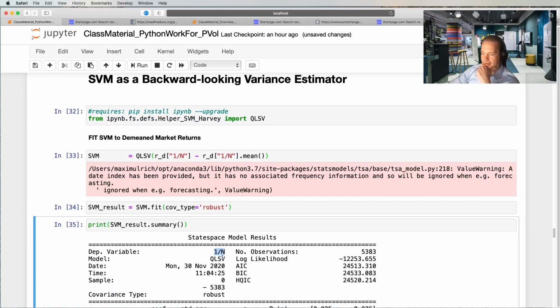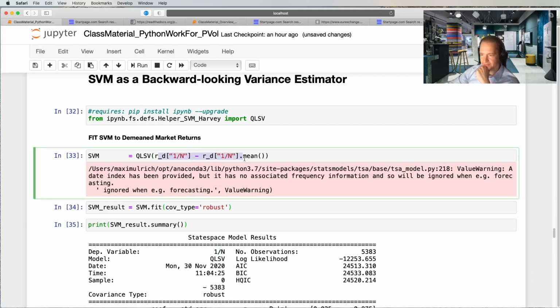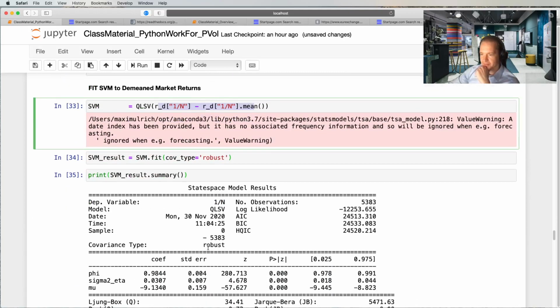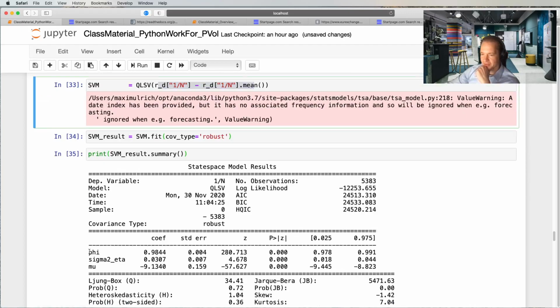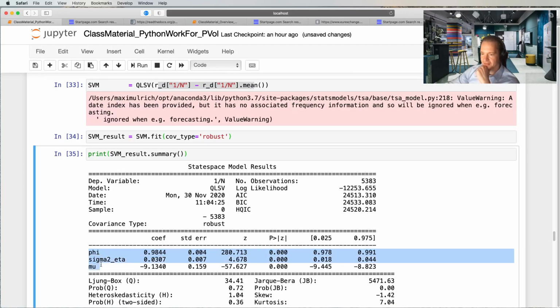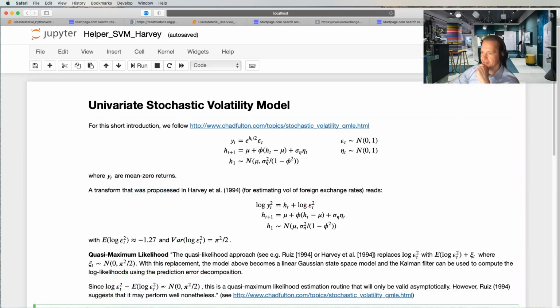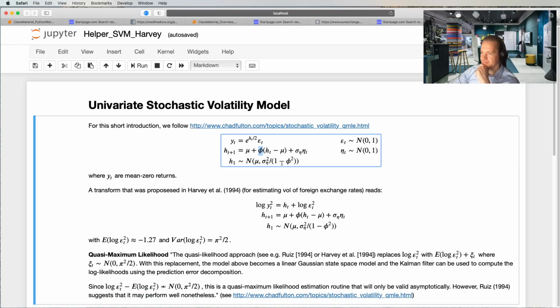It's the market return SVM model. And they give me now the parameters of phi, sigma square, eta, mu. They go to the package: phi, sigma square, mu. Yeah, all the parameters are estimated.